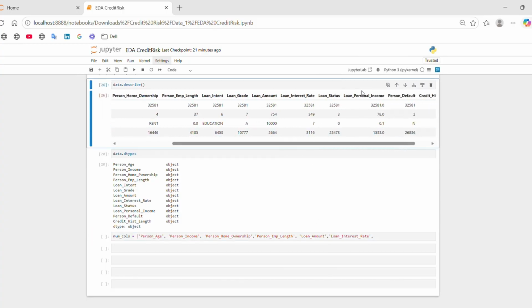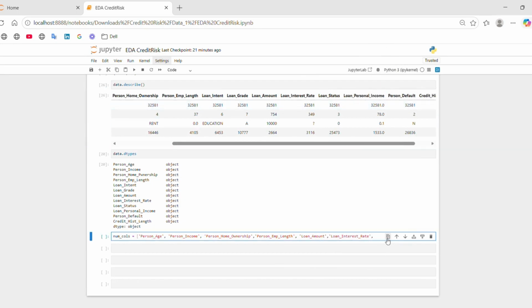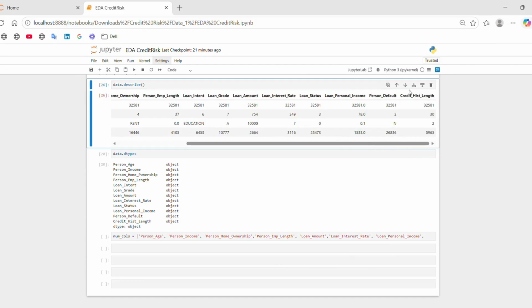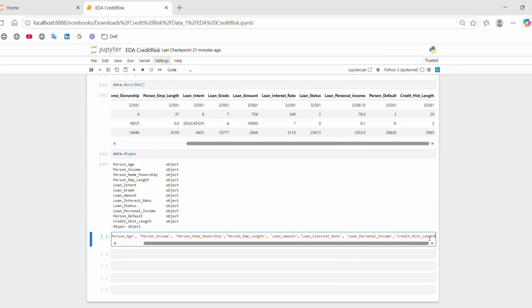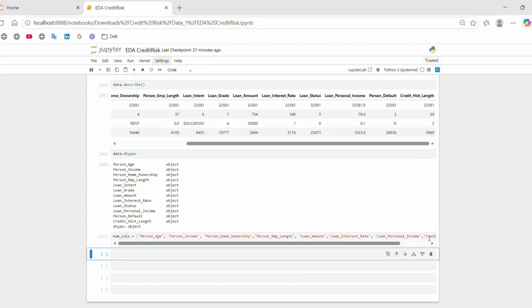After loan interest rate, loan personal income, and then the last column, the credit history length.